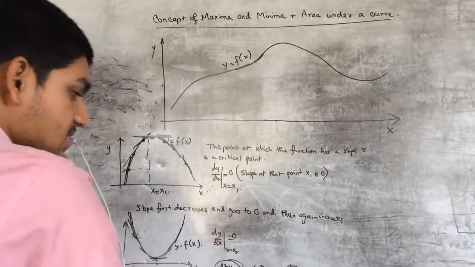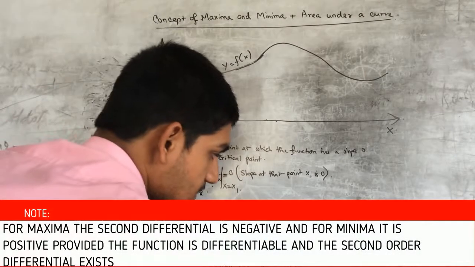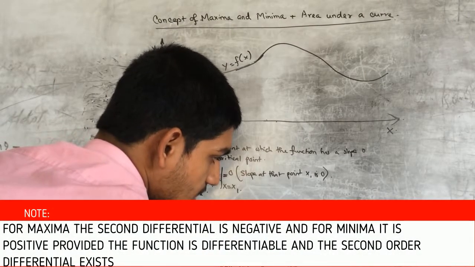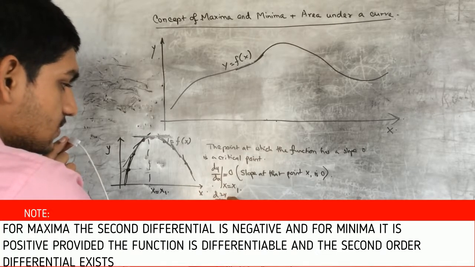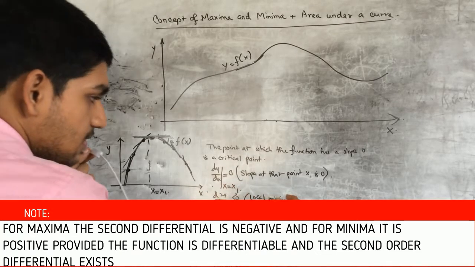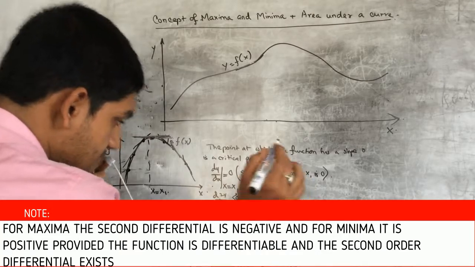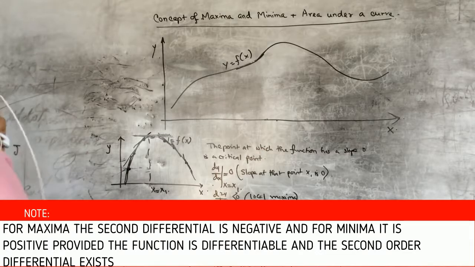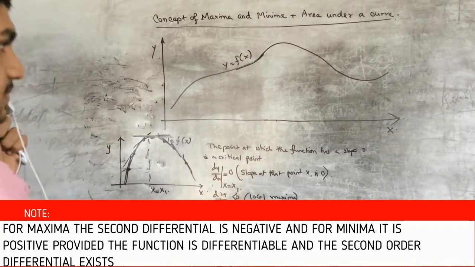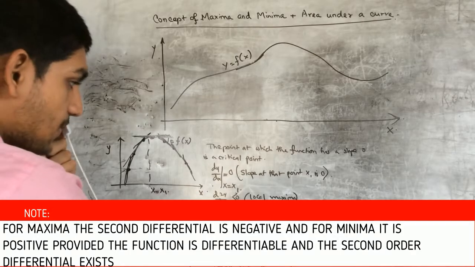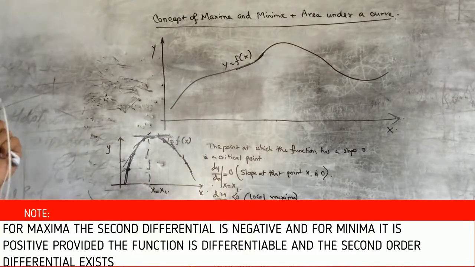For this case d2y/dx2 must be greater than 0, so it is a local minima, and for this case d2y/dx2 less than 0, local maxima. So this is the case, and we will use this property to judge if the function is attaining a maxima or a minima.